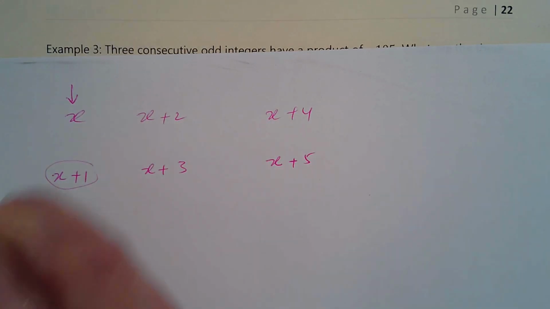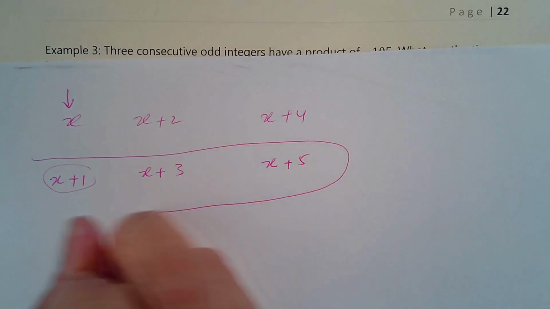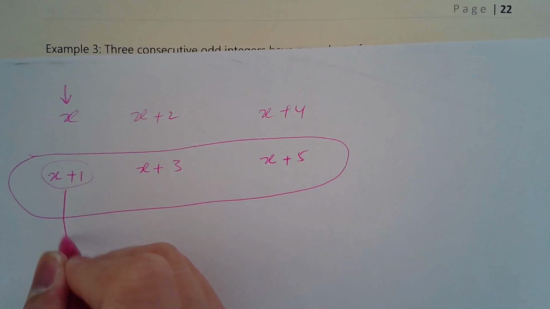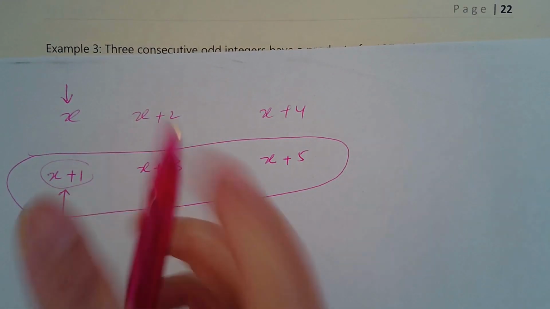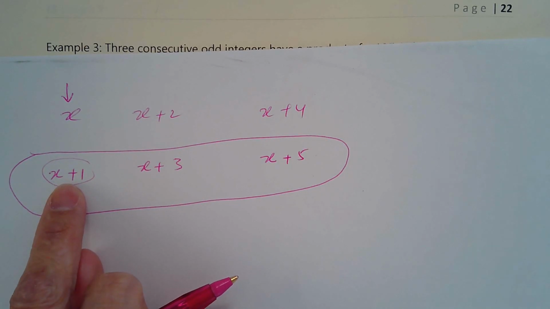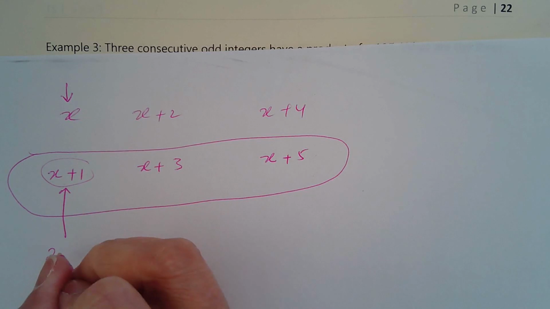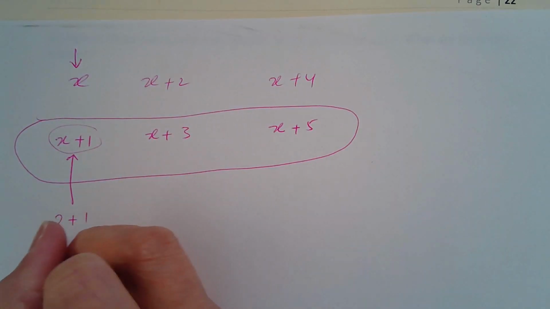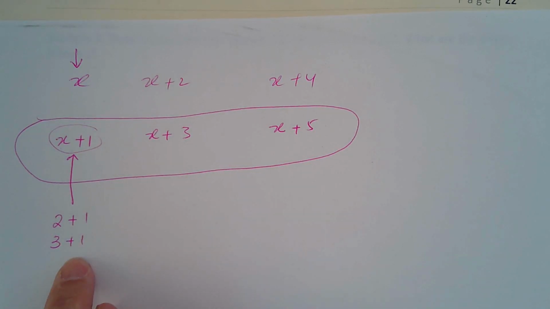Okay, I'm going to borrow this idea, but do one thing. This one doesn't guarantee an odd number, right? Because if x is 2, plus 1 is an odd number, but if x is 3, plus 1 is going to be an even number.